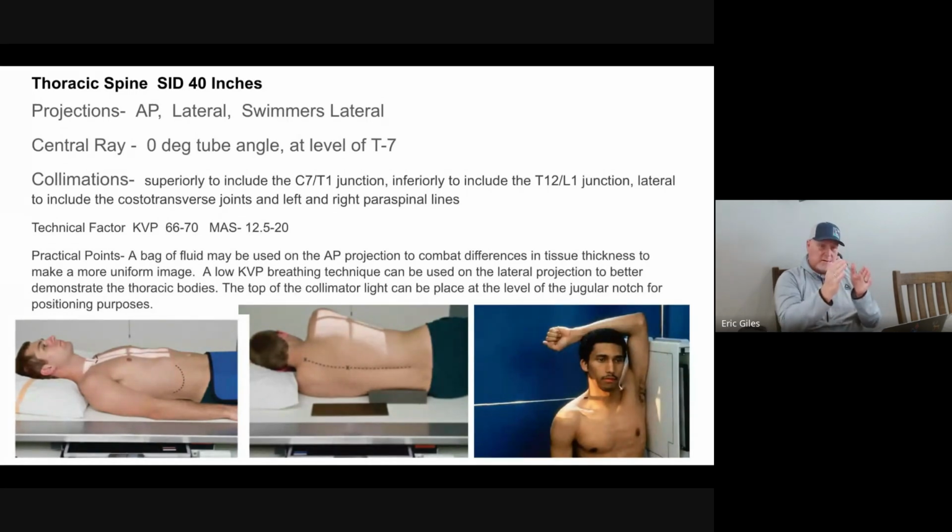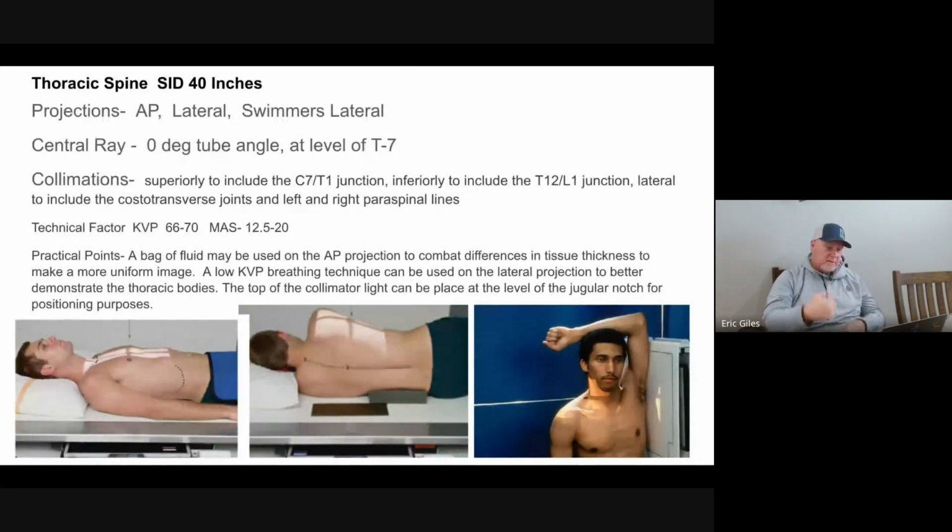It's going to be dark on top and light on the bottom. So we can actually take a bag of fluid and lay it right there above the pectoral and the neck. That's going to help us see that a little bit better and make our technique a little bit even through there.